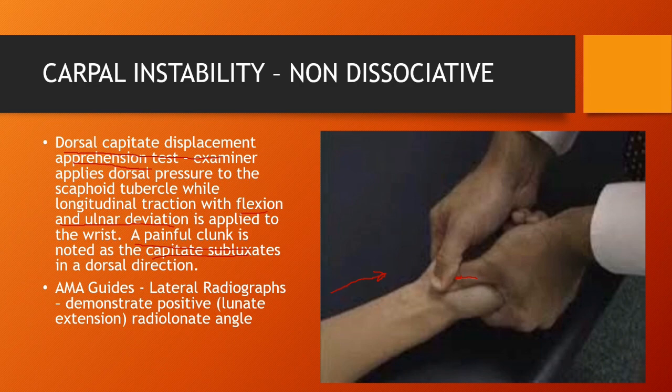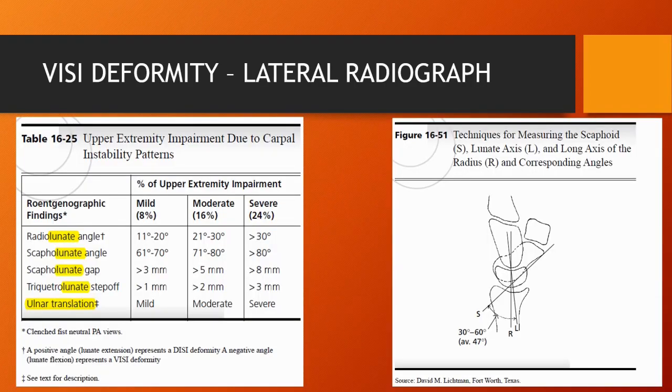Okay, so let's take a look at this. Here the AMA Guides tell us that a positive radiolunate angle greater than 10 degrees represents a DISI deformity. And with a DISI deformity, the lunate bone is in a position of extension deformity.